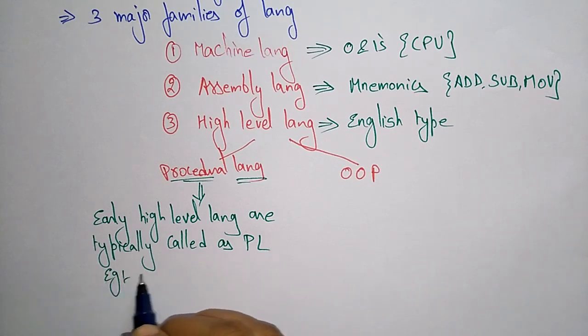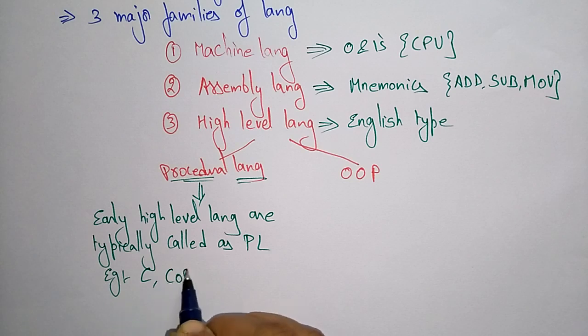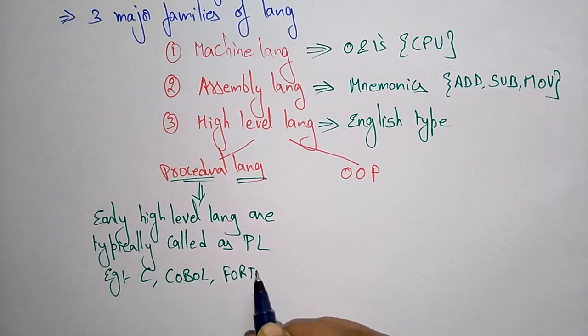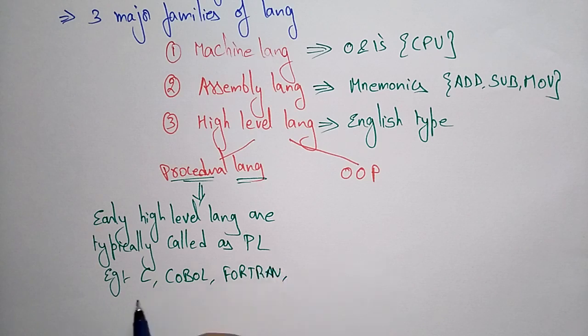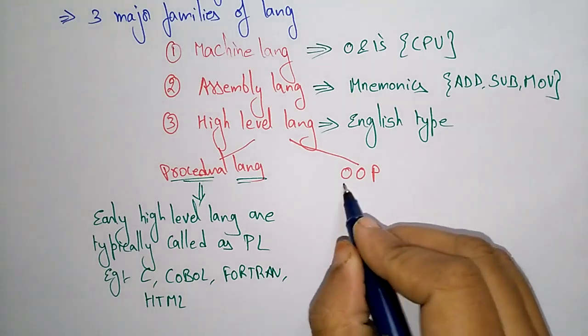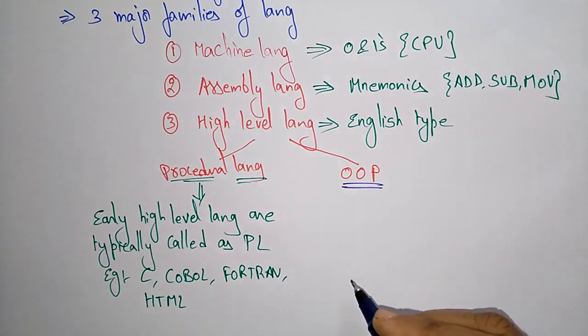Examples: C, COBOL, Fortran, HTML. These are the procedural languages. Now coming to the object oriented programming language. What is this object oriented programming language?